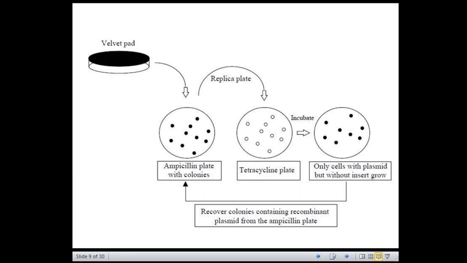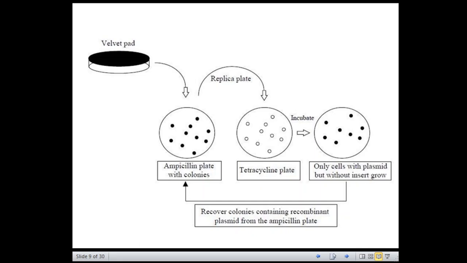So, this is about the replica plating to detect recombinant plasmids. As you can see in the figure, a sterile velvet pad is pressed onto the surface of an agar plate, picking up some cells from each colony growing on that plate. The pad is then pressed onto a fresh agar plate, thus inoculating it with cells in a pattern identical with that of the original colonies.